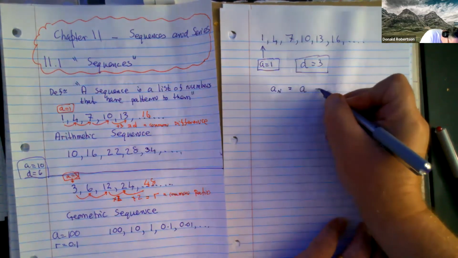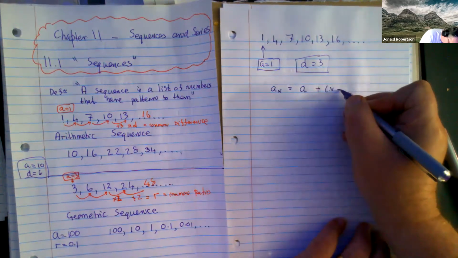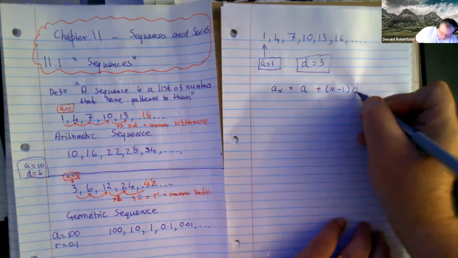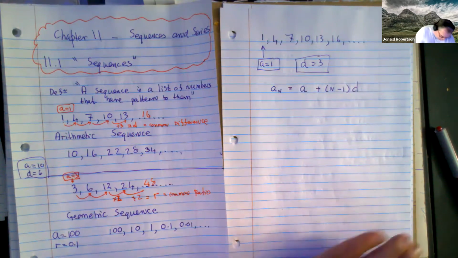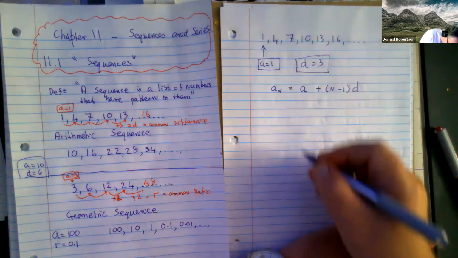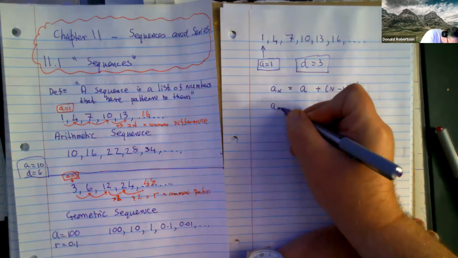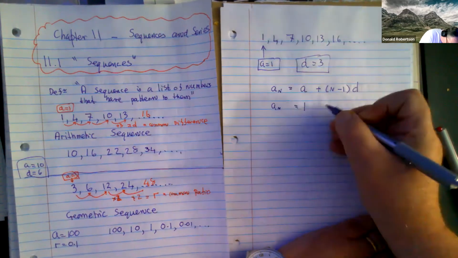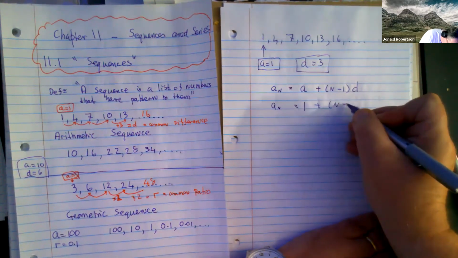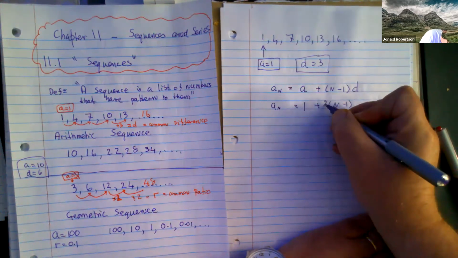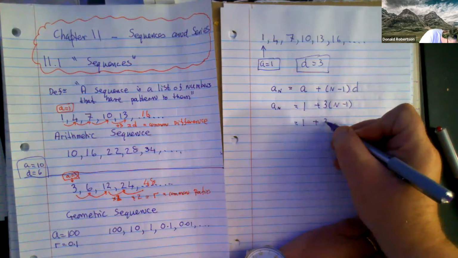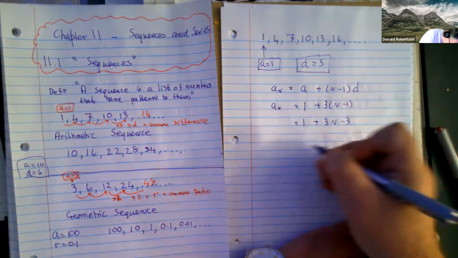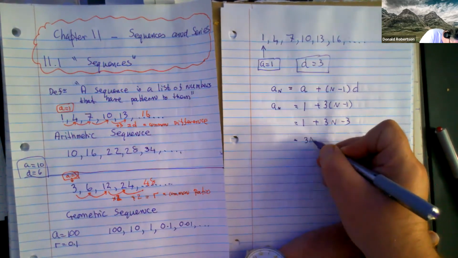It's A plus n take away 1 d. So you want to do the formula for this arithmetic sequence. The nth term in the sequence is 1 plus n minus 1 times 3, and I'd stick it at the front because it looks nicer there. Distribute the 3 and collect like terms.